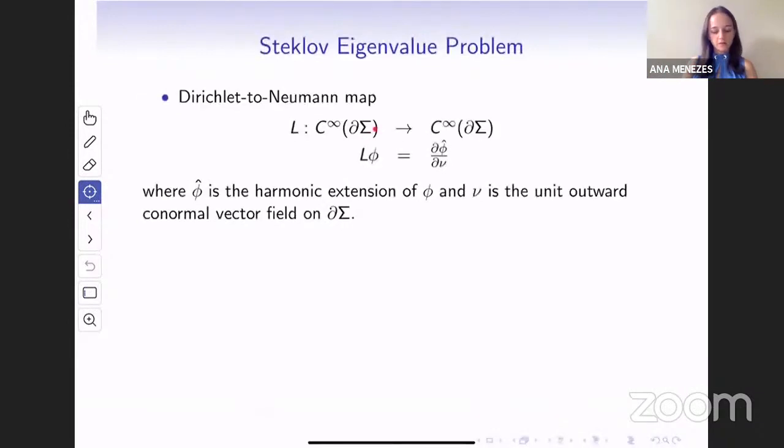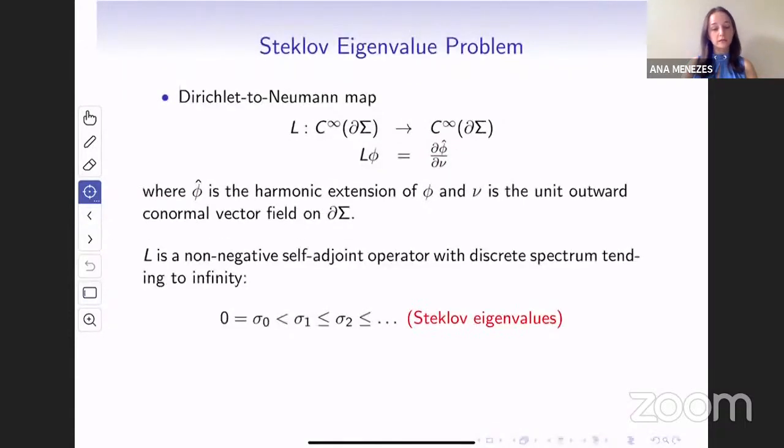You have Sigma, a compact surface with boundary, and you consider L, the Dirichlet-to-Neumann map, that takes a function defined on the boundary of your surface and sends it to the normal derivative of its harmonic extension. This is a non-negative self-adjoint operator. It has discrete spectrum that goes to infinity, and the eigenvalues we call Steklov eigenvalues. The eigenfunctions we call Steklov eigenfunctions.